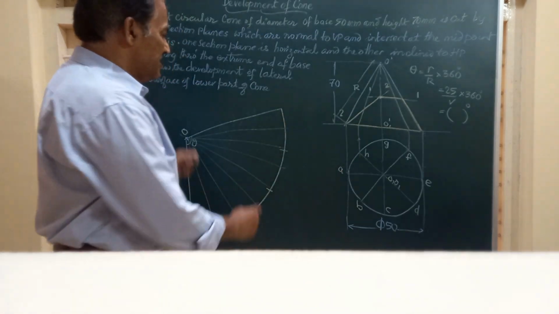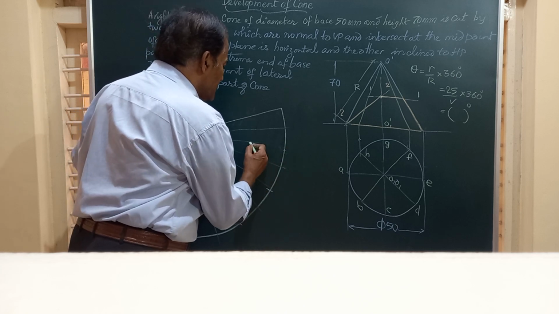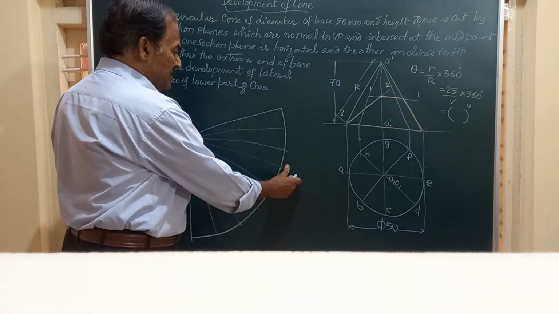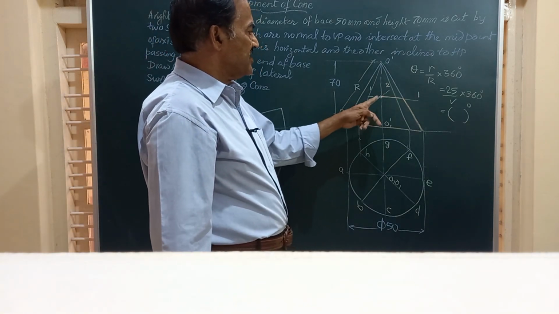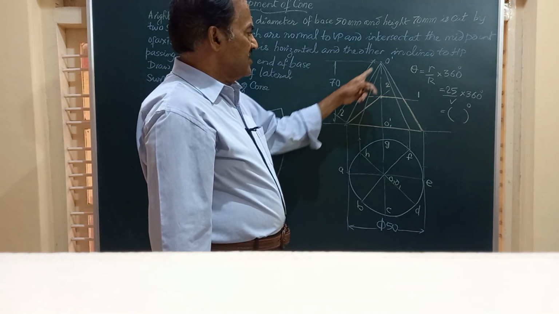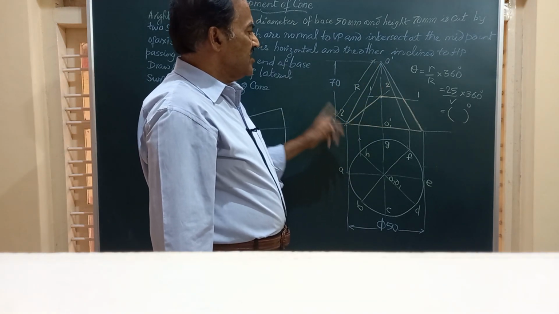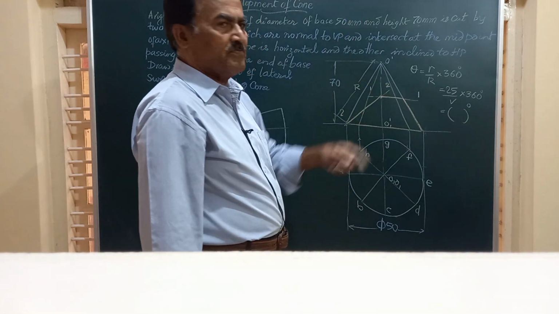OC, etc. on this, and we should know which one is to be the starting point. And here friends, when these two section planes intersect at the midpoint of the axis, this portion OA is totally removed. That means we are going to throw away the upper piece.